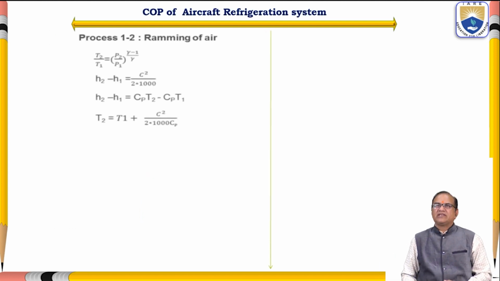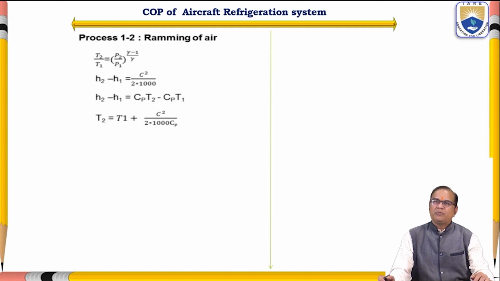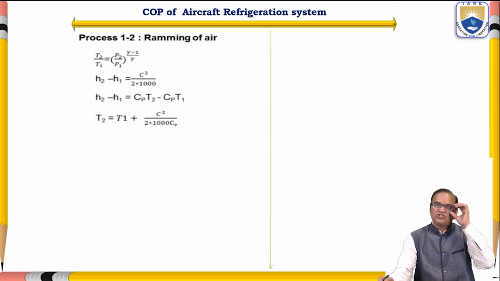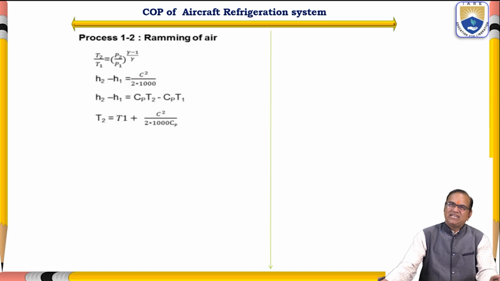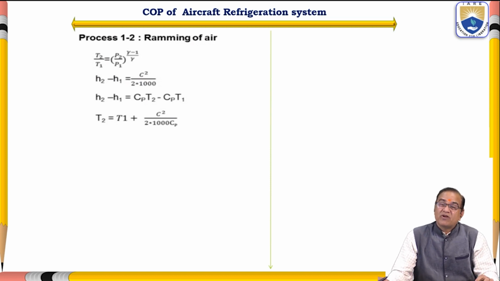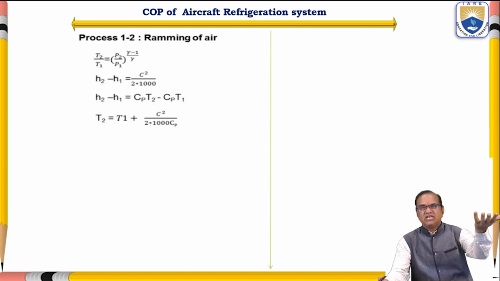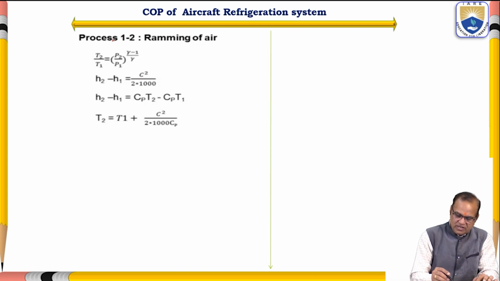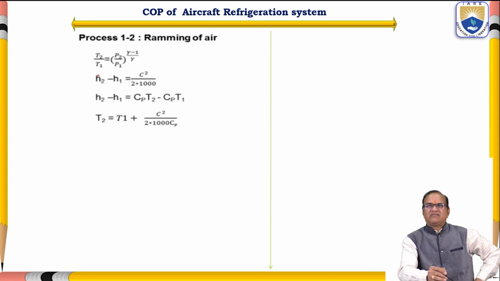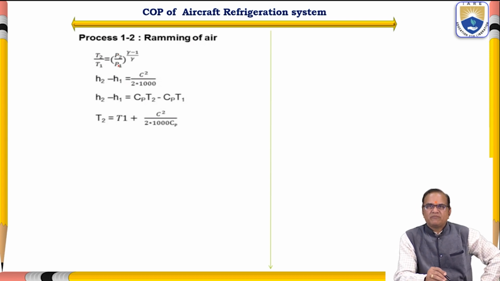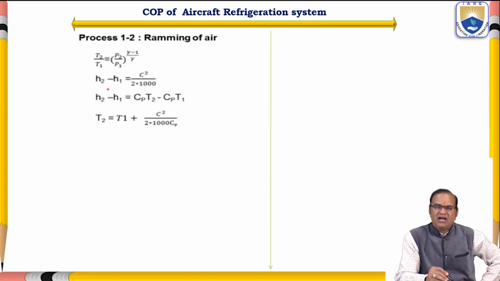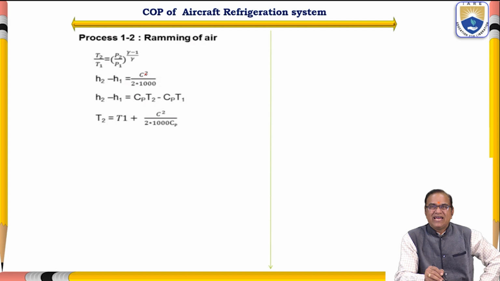If you see here, the COP of the aircraft refrigeration. So what is the COP? It is the coefficient of performance. It is mostly more than 1. So here, if you see the previous process 1 to 2, T2 by T1 is equal to P2 by P1 raised to gamma minus 1 by gamma, and H2 minus H1 enthalpy is equal to C square by 2 into 1000, where C is the velocity of the aircraft.